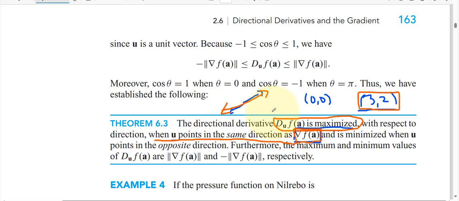We don't want to move in the direction of the gradient. If we want to decrease the error, we would want to move in the direction of the negative of the gradient, the opposite direction of the gradient. So they say it's minimized when you point in the opposite direction of the gradient. So that is a very powerful answer.